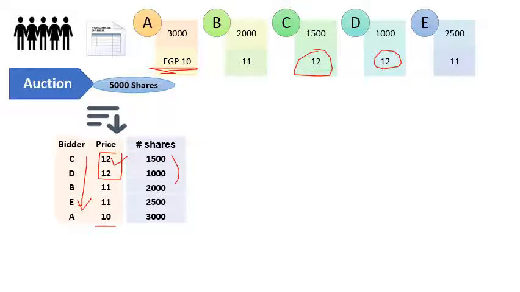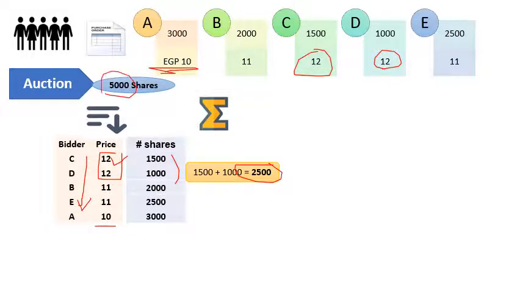So this means the total number of shares requested at the price 12 Egyptian pounds will be 2,500 shares. But if the investment bank decides to set the final offering price at 12 Egyptian pounds, it can only sell 2,500 shares. But the company wants to sell 5,000 shares.